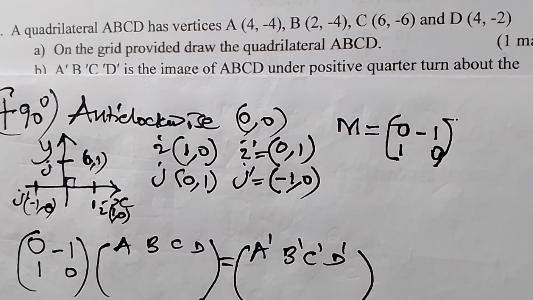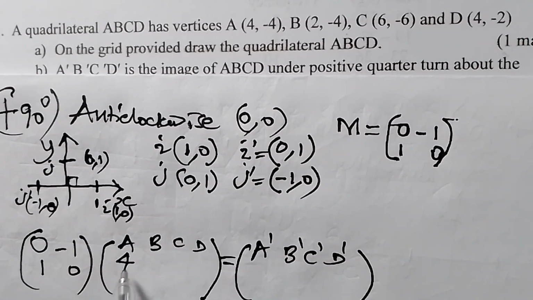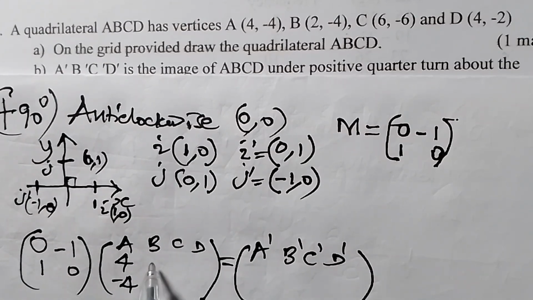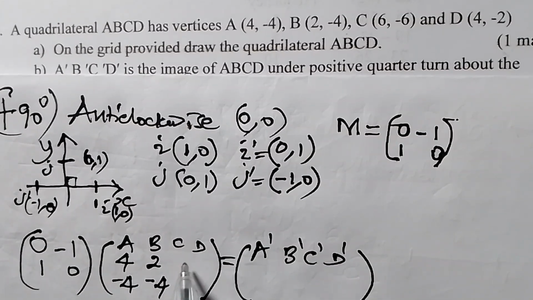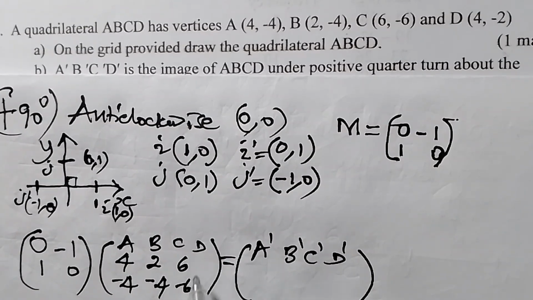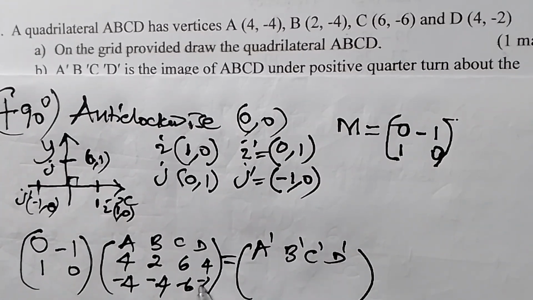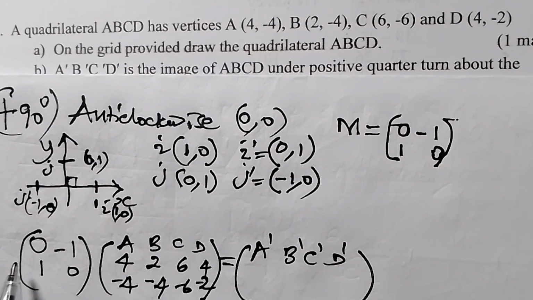So when we multiply this, the points A (4, -4), B (2, -4), C (6, -6), and D (4, -2), we'll go row, column, row, column. We start with row 1.